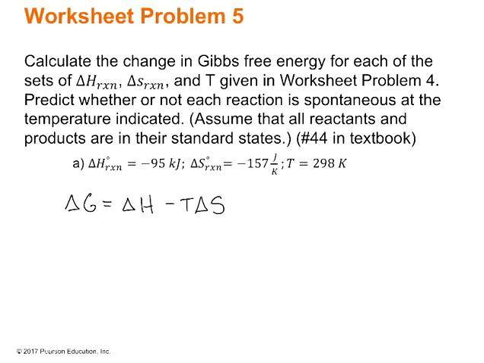So we can see that delta H is negative and delta S is negative. And because delta S is negative and it's multiplied by negative T, that means this is overall positive.